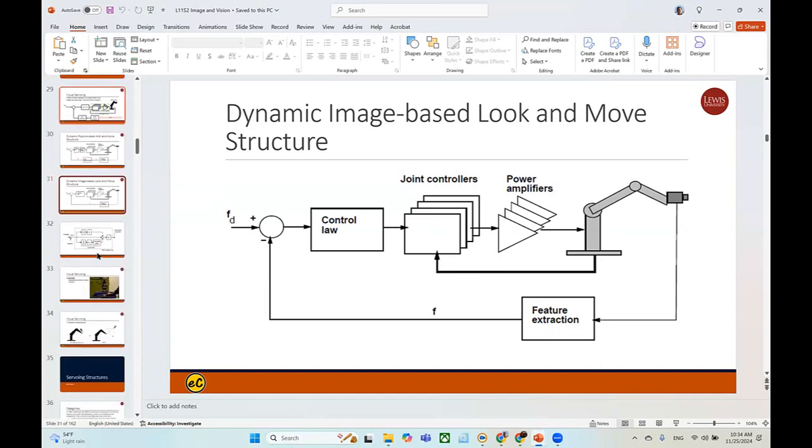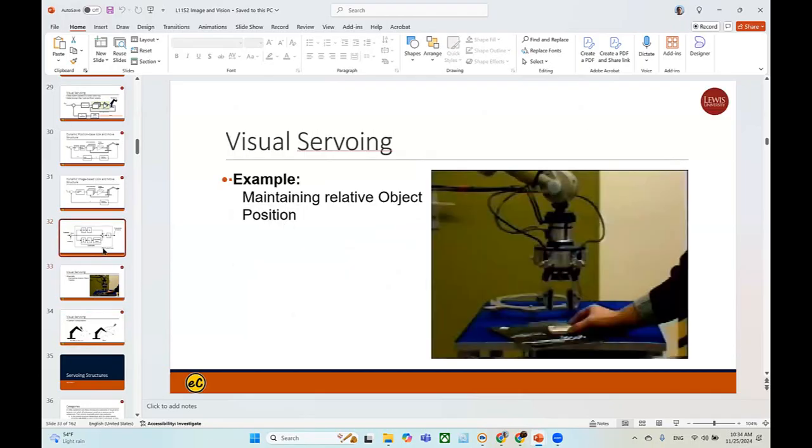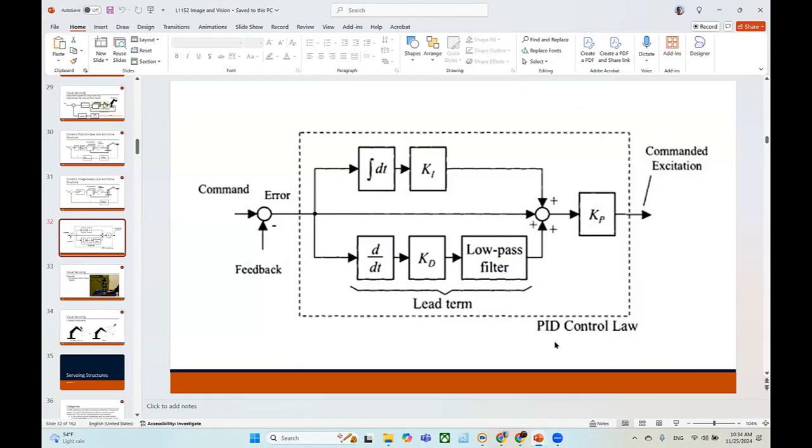The control loop can be a PID control loop. PID means P is proportional, I is integral, D is differential.